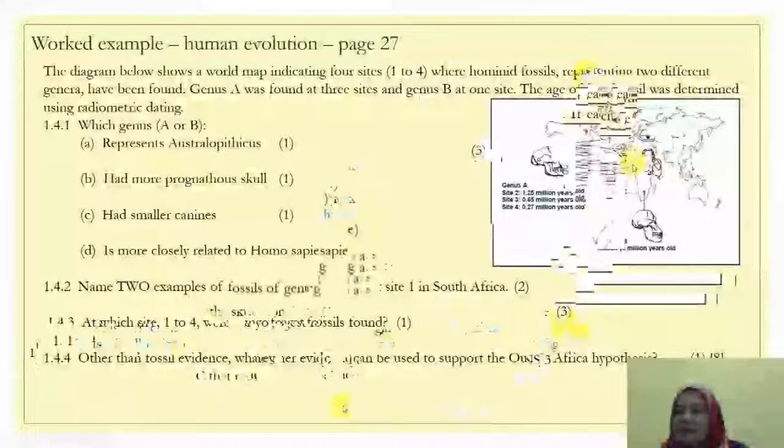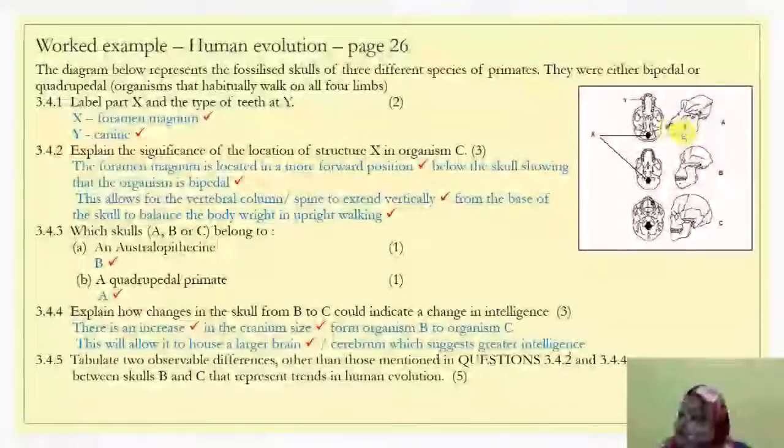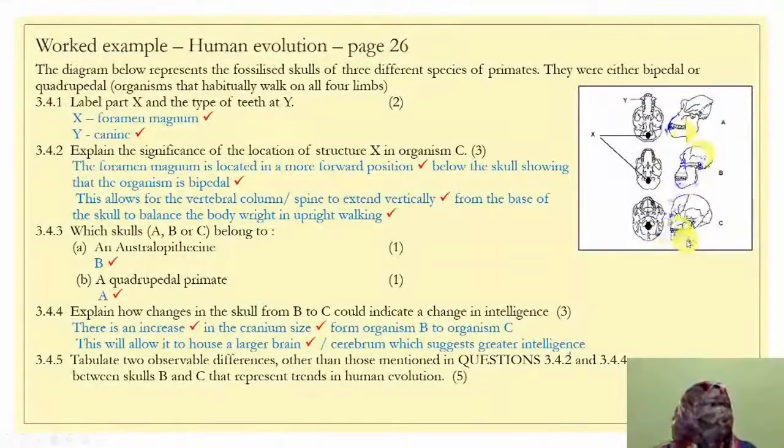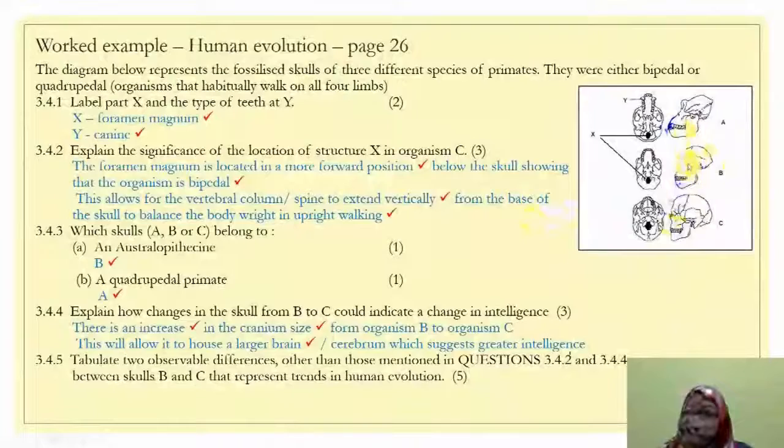Canines, what else can we mention? I can mention a well-developed chin, because there I can see a chin and there I can see a chin. So we can see a definite chin over there. Thank you, Batala. So it's observable differences. What is this?